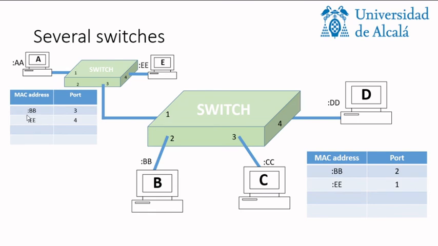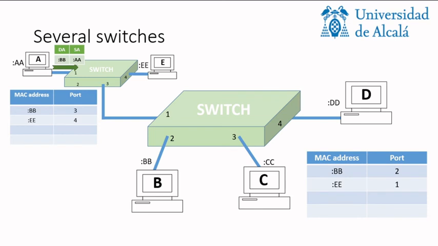And we have also information for MAC address E and the port 4. The same happens with this switch, which has this table already with 2 entries for B and for E. This is probably caused because previously maybe there was some communication between B and E, so they already have something learned from before. So now we are going to send an additional traffic.